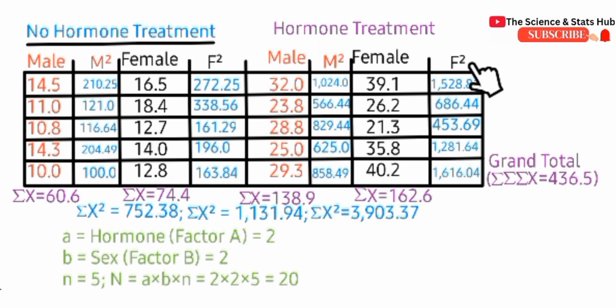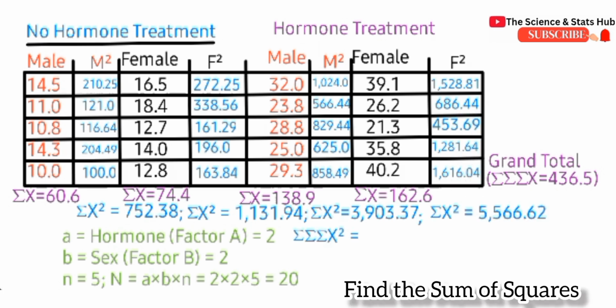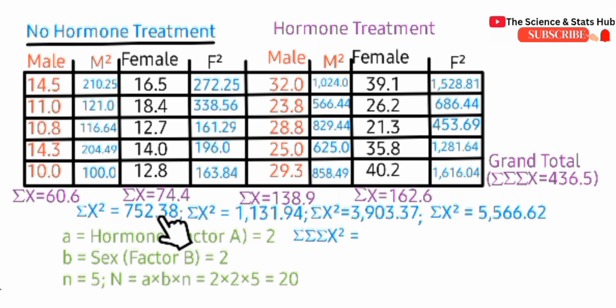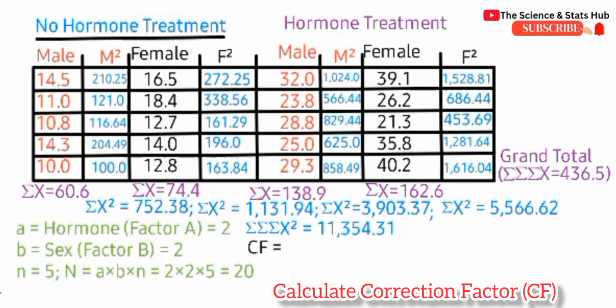Now let's add up these values: 1528.81 plus the other values. Now let's get the sum of all the squares by adding up all these values: 752.38 plus the others gives 11354.31.